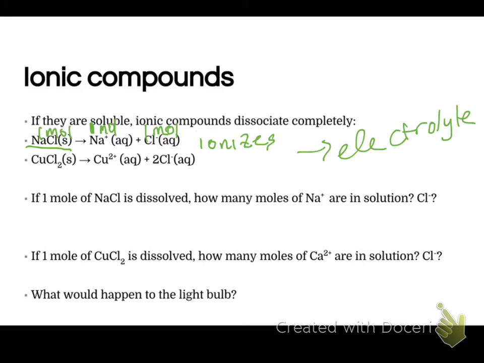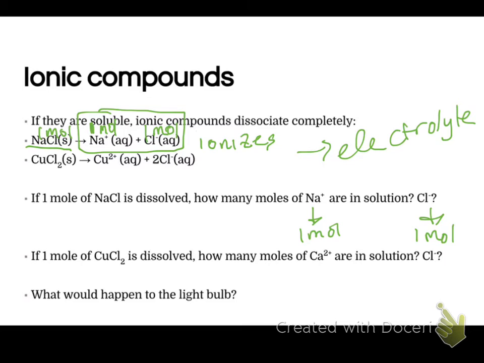So the reason that ionic compounds are such strong electrolytes is because, in the case of NaCl, I get 2 moles of ions for every mole of the parent compound I put in. So there's 1 mole of Na, and there's 1 mole of Cl. That's 2 moles of different ions that I can use to move electricity around.